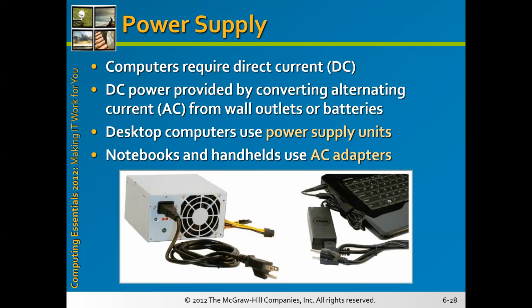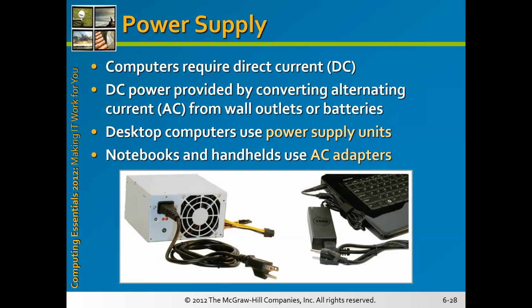Power supply. Computers require DC power, direct current. DC power is provided by converting alternating current from wall outlets or batteries. Desktop computers use power supply units. Notebooks and handhelds use AC adapters.